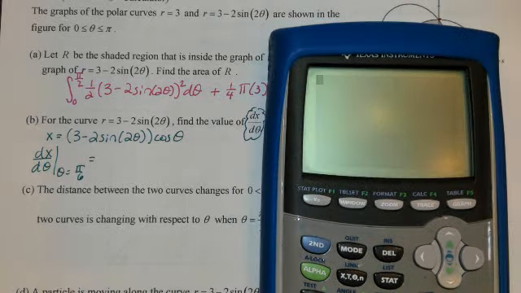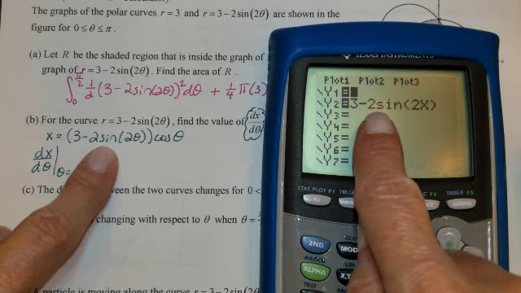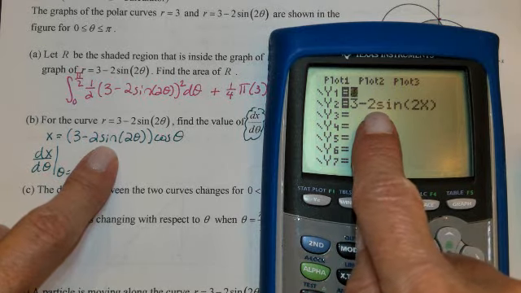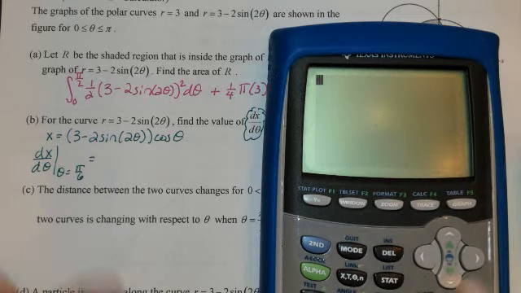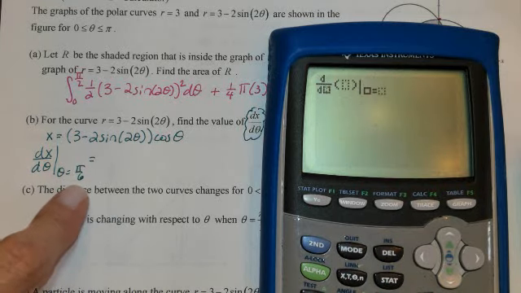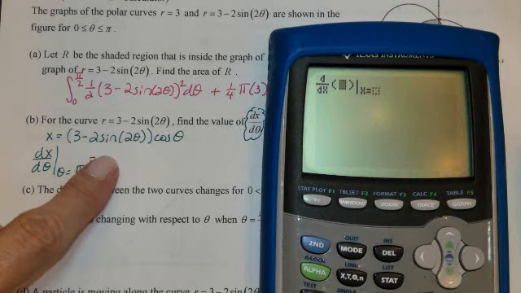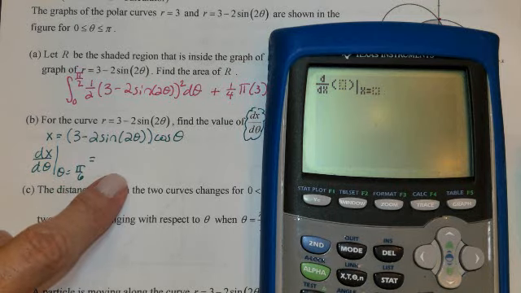Okay, so I do have that function already in for y2, but I think I'm just gonna type it all in again. So math 8, that's the derivative button, and I'm going to call theta x here just because it's a little quicker to grab.